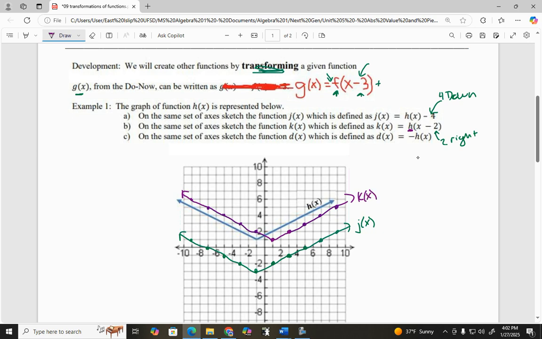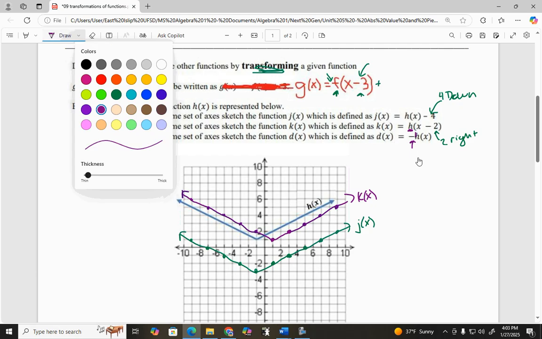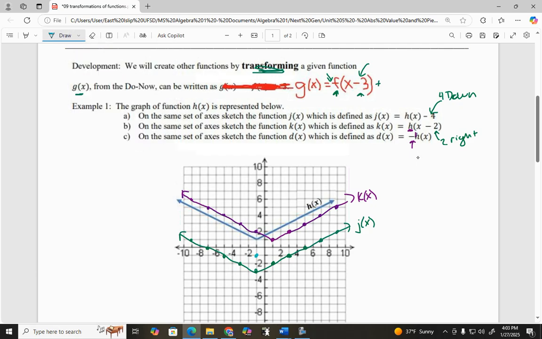And then finally, d of x. This is like a -1. So what it does is it flips it over the x-axis. So it would start here and go down 1 over 1.